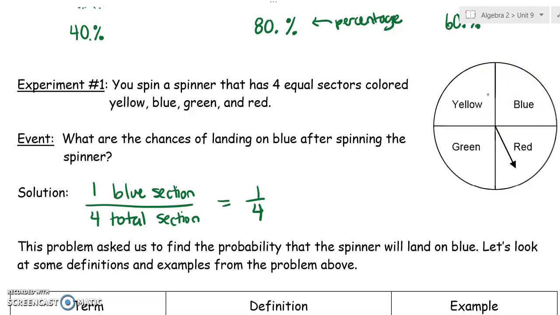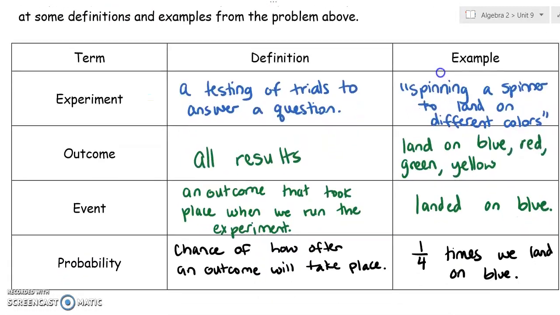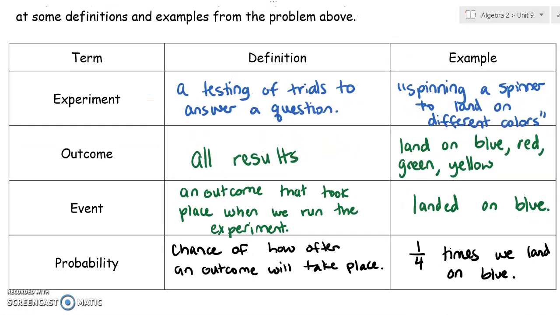All right, let's talk about 4 vocabulary words and some examples. The 4 vocab words I want you to be really good at are experiment, outcome, event, and probability, and the differences between them. An experiment is a test or trials to answer a question. Usually we get curious and wonder about something, then we ask a question and run an experiment to see if we can answer it.